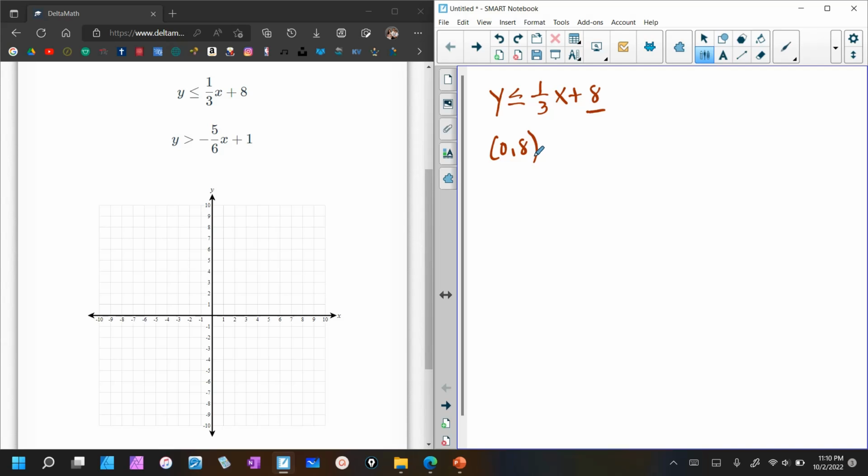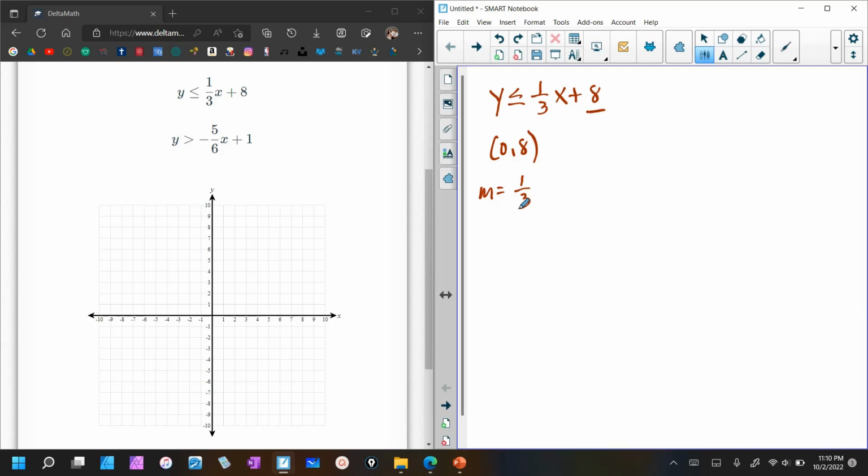Next we need to find the slope. The slope is the numerical coefficient of x here. So in this case, it's 1/3. Before I graph this inequality, let me remind you that if it's not a fraction, let's say it's a whole number, let's say it's 1, for the purpose of this lesson you want to consider the denominator, because the numerator and the denominator will give you an idea of what's going to be the next point.